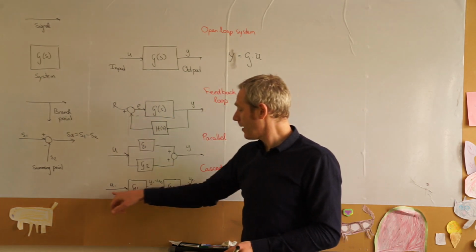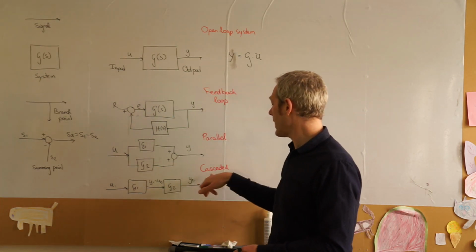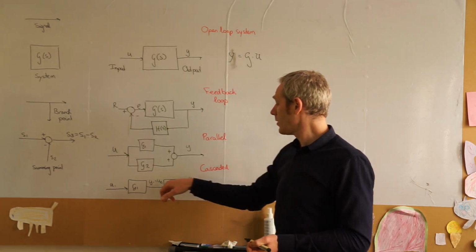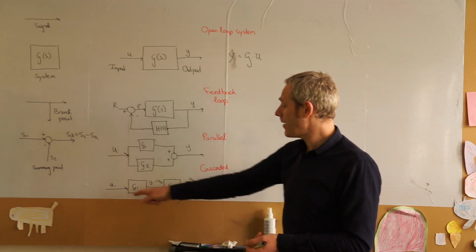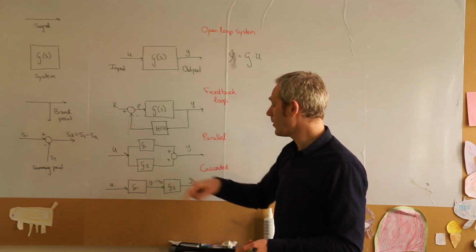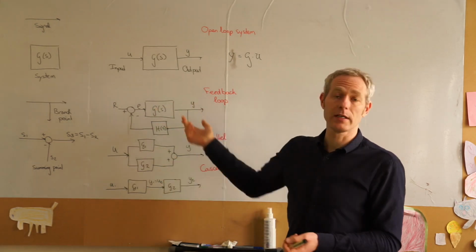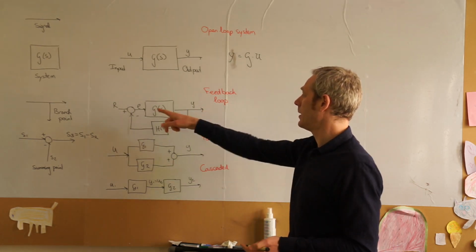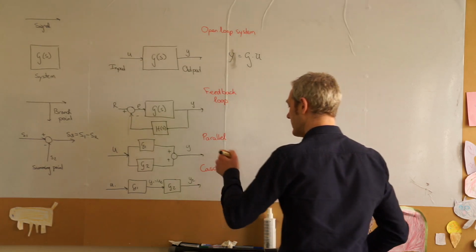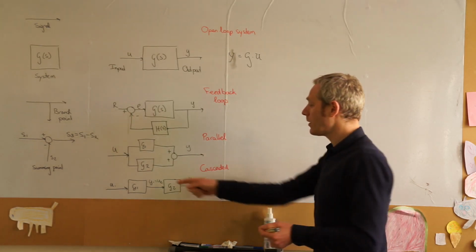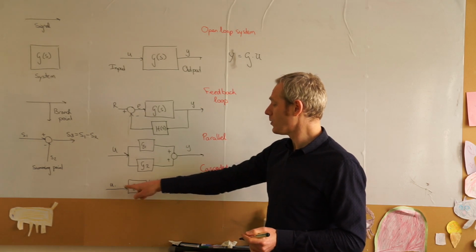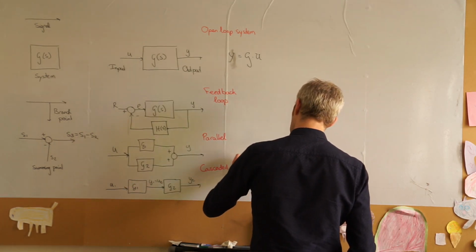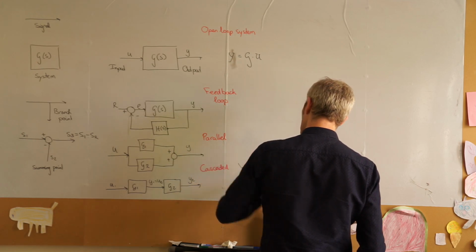Now, another example is we have a cascaded system. So we have an input going into one system, then going into another system. Well, I have U1 here and its output Y. Signals are typically denoted as lowercase letters. But in this case, we know that the output Y1 is G1 times U1.